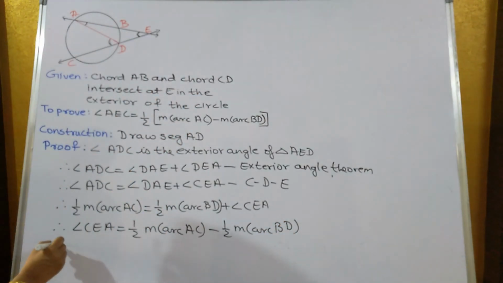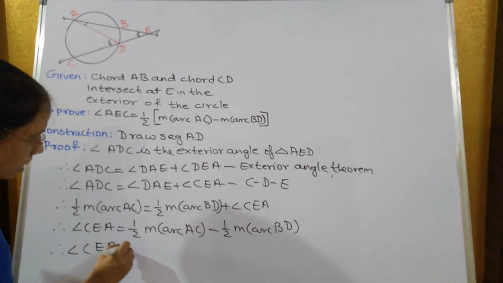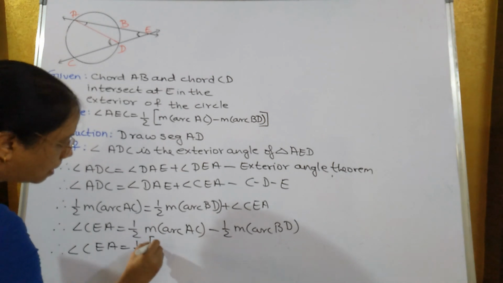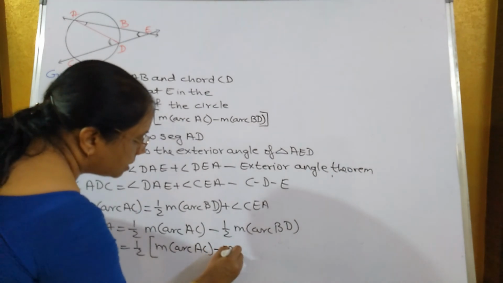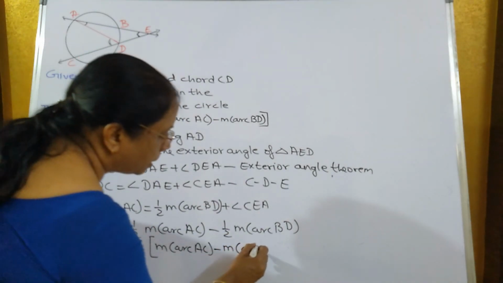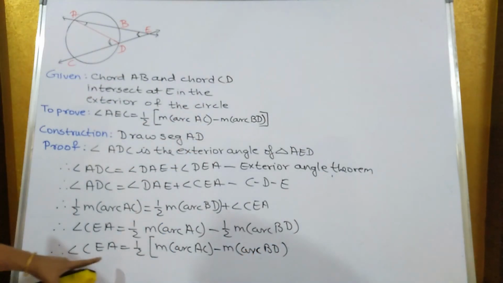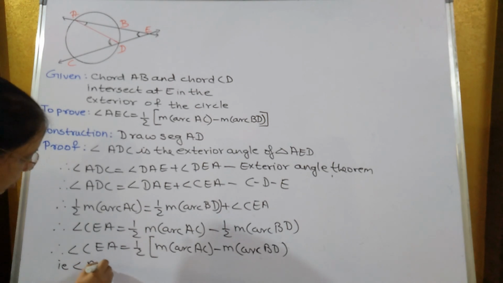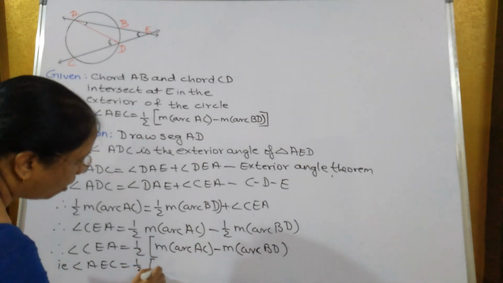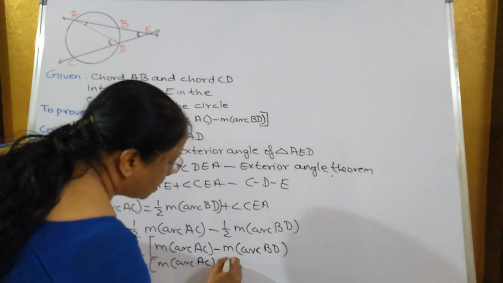Therefore angle CEA is equal to half of measure arc AC minus measure arc BD. So instead of CEA you write AEC, that is angle AEC. Rest all will remain the same: half of measure arc AC minus measure arc BD.